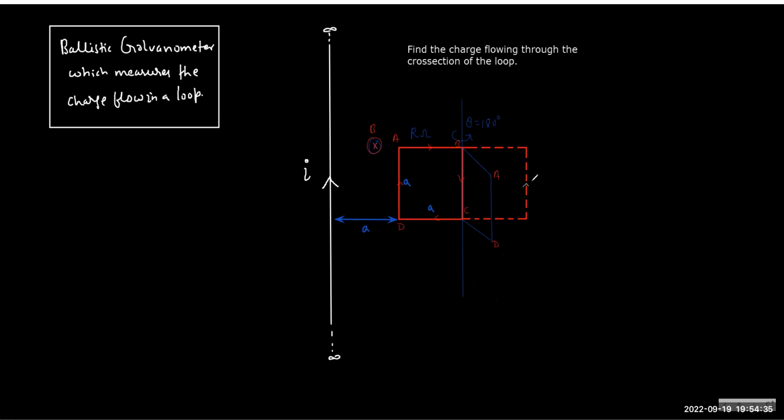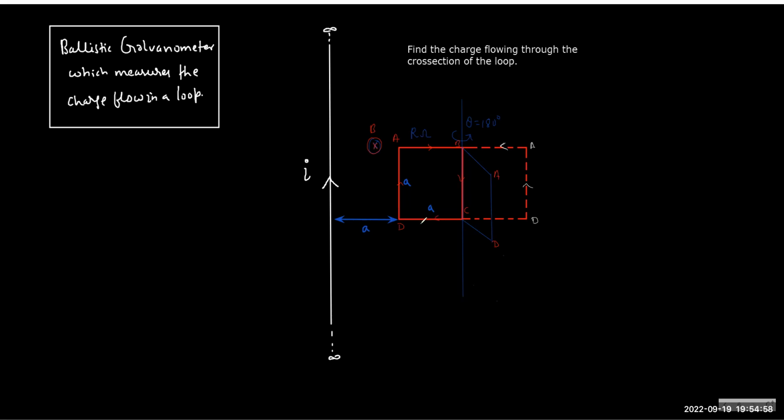So current will be like this. Yes, sir. And what you can realize, the current earlier was A to B, and it is now also A to B only. In the loop, the current direction has not changed, isn't it? Yes, sir. So here the total flux will add up.